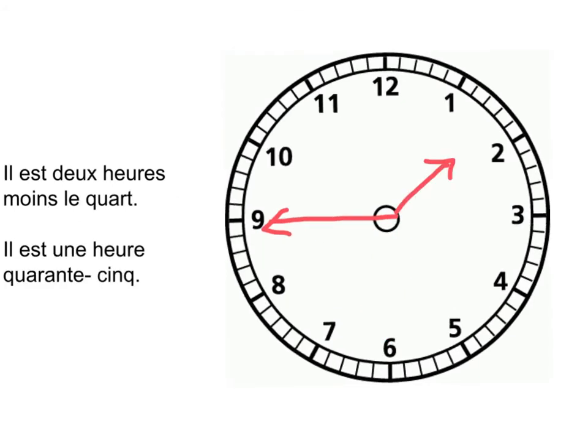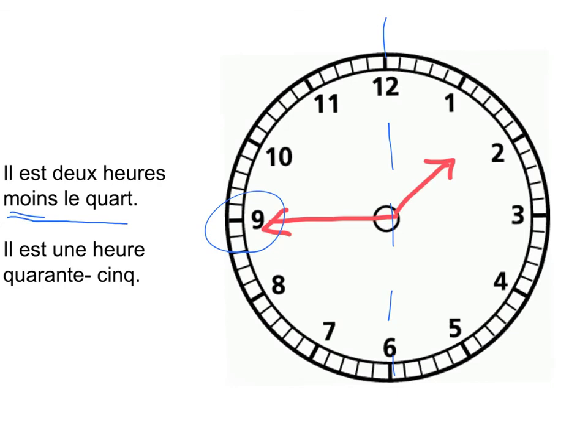And lastly, saying something that's a quarter till the hour. So again, if we have something that's a quarter till the hour, it is on that left side of the clock, remember? So we're going to see the word minus again. And we're going to minus the quarter. So, il est 2h moins le quart.